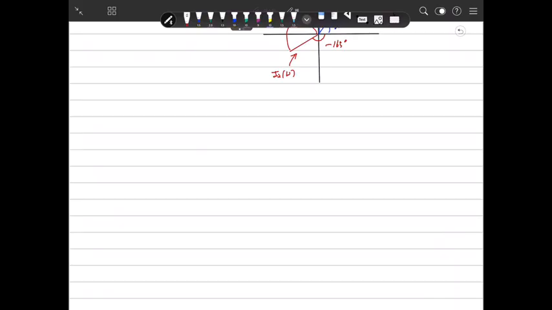Actually, to express the complex plane with complex numbers, we define it like this. This is the real axis, and this is the imaginary axis.